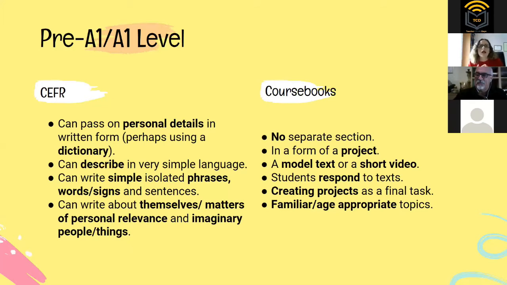However, they ask our students to create a project, and before that the students have to respond to a model text or watch short videos, and after that they have to create a similar project, based on familiar and age-appropriate topics. So far, so good. It's okay. We can create projects, but what can we do apart from that?